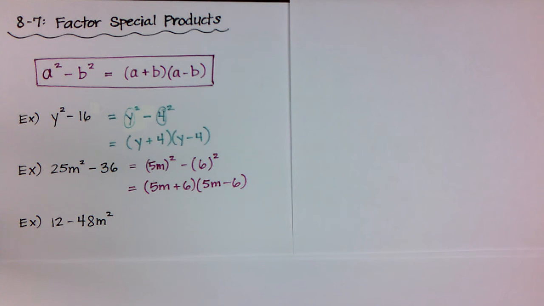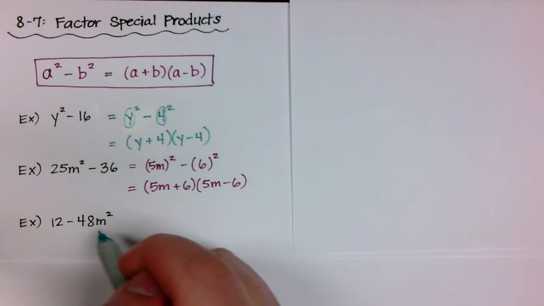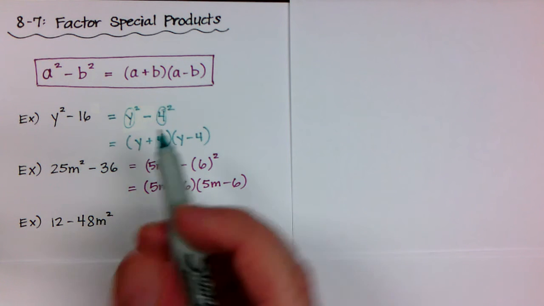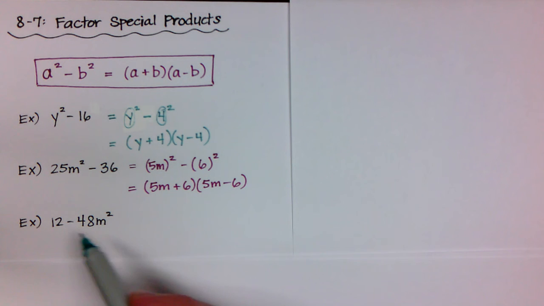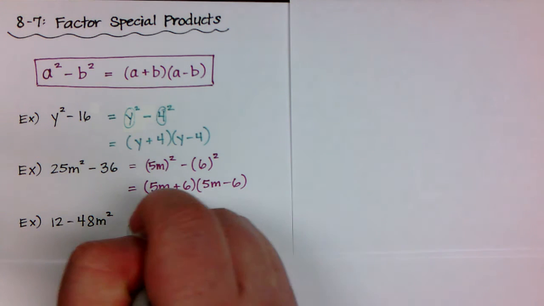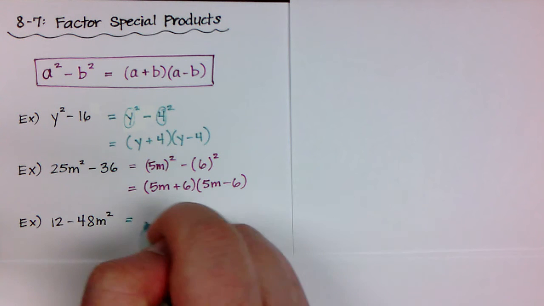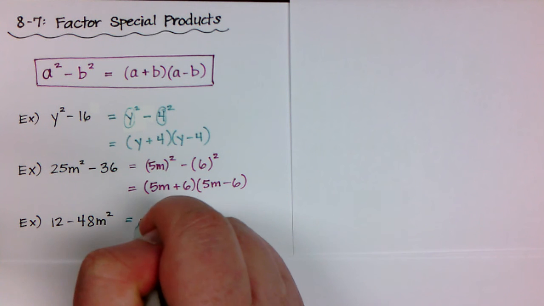This one is 12 minus 48m squared. And already I'm thinking, that's not a perfect square, and 48's not a perfect square. So what you can do when you have an instance like this is always try to see if we can pull some number out.